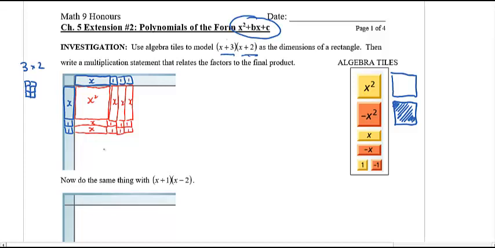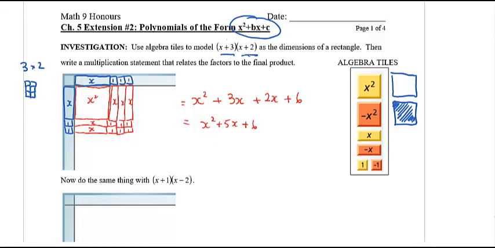So ultimately, what happened here? Well, you produced an x squared term, then you produced 3 x's, then you produced 2 x's, and then you had the 6 little ones. And that actually simplifies to x squared plus 5x plus 6. And that's the actual answer to our question, x plus 3 times x plus 2.